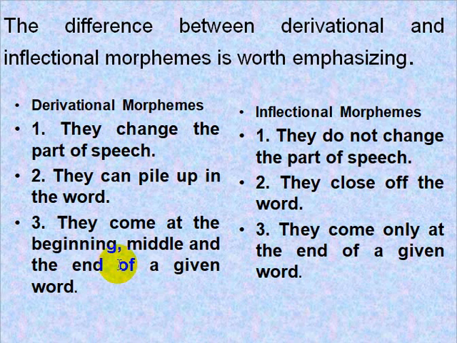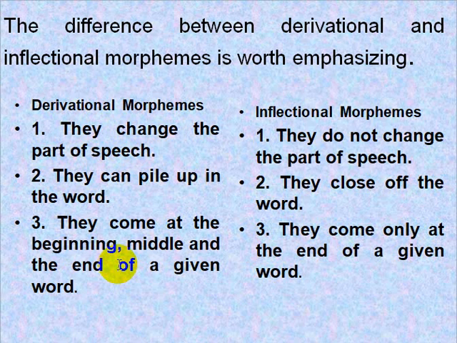Inflectional morphemes close off the word. No other morphemes are added after them. If we say car, cars, there is no other morpheme after the s of plural. Or if we say play as a verb, plays again as a verb with the third person singular. We cannot say playsing, putting ing. Never. They close off the word.